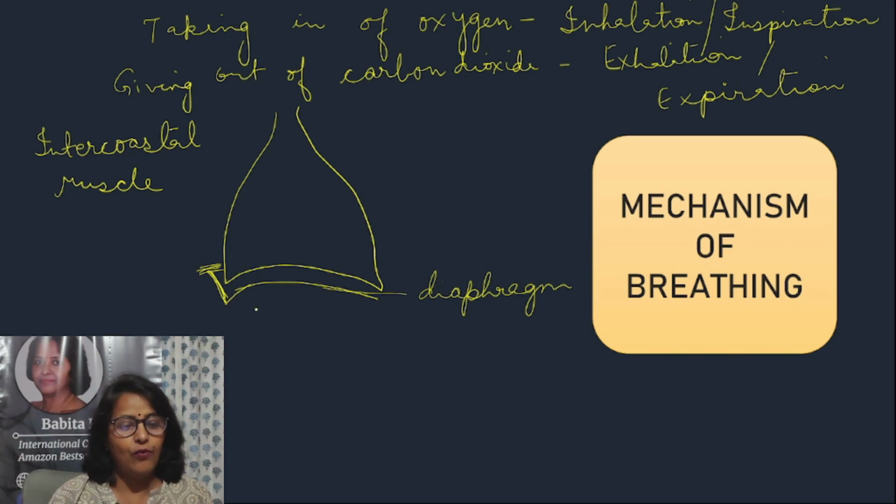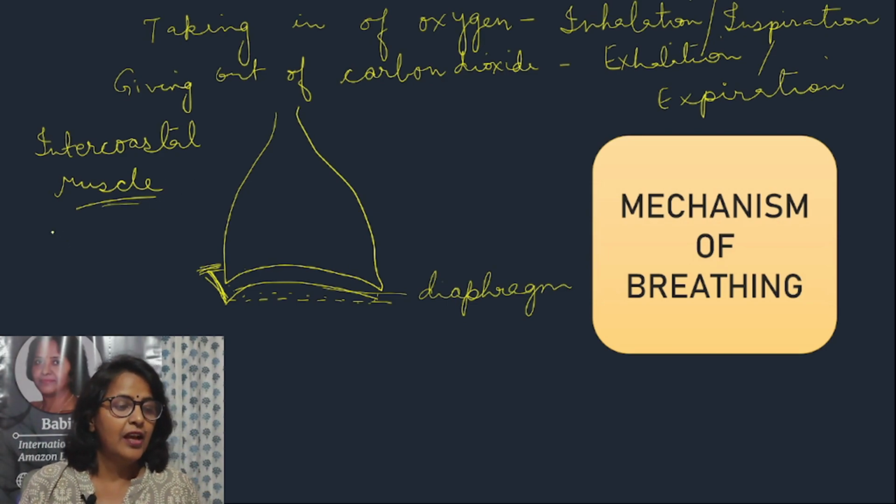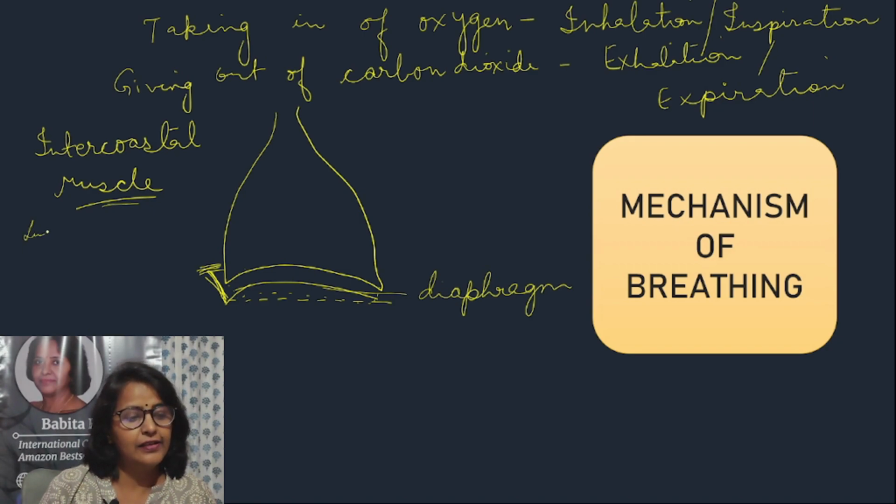Let us see what happens when these muscles contract. What will happen? Diaphragm becomes flattened. If diaphragm is flattened, the volume of the lung will increase, and when these muscles contract, the rib cage is pulled up and out.